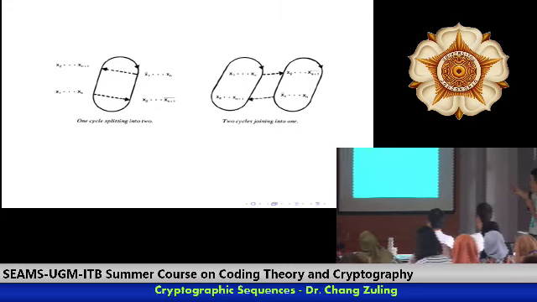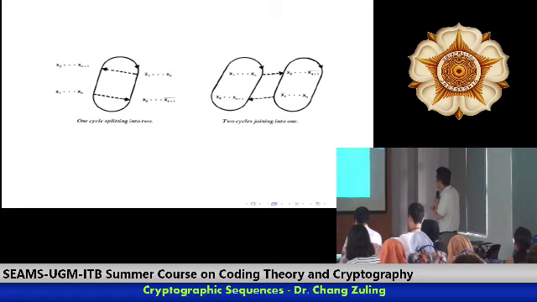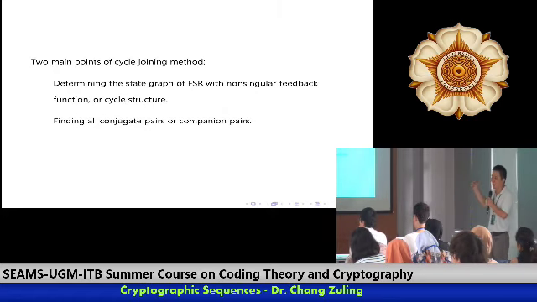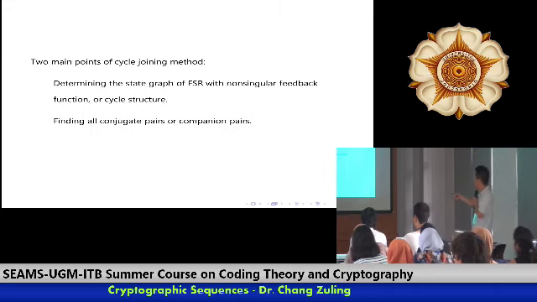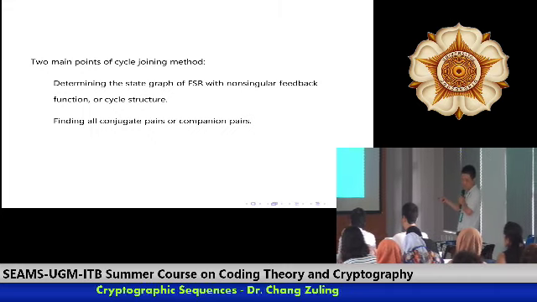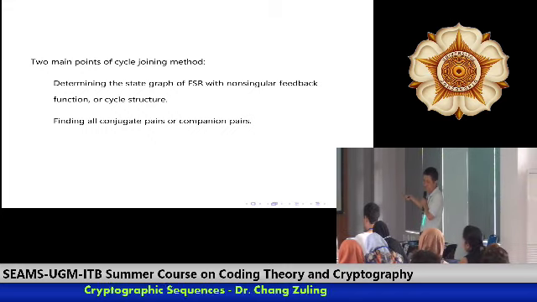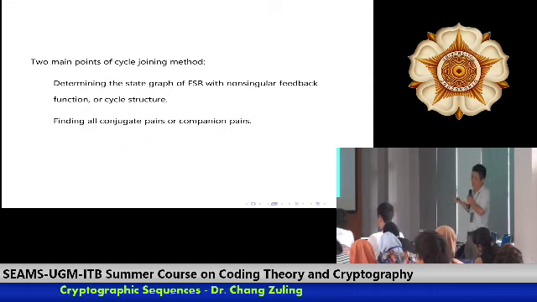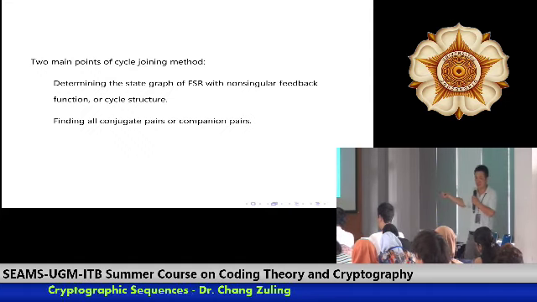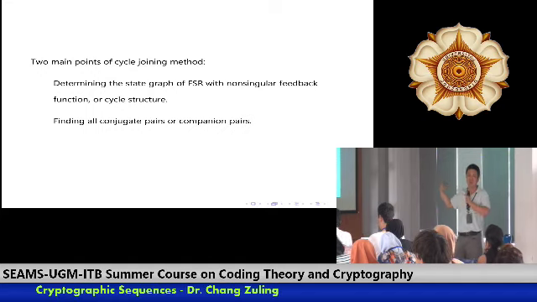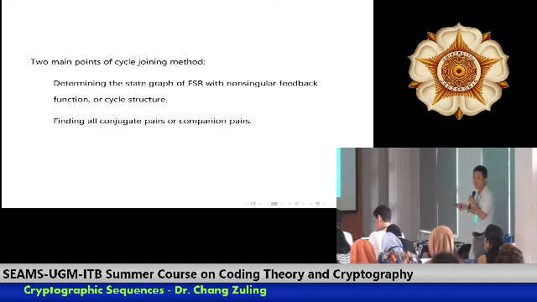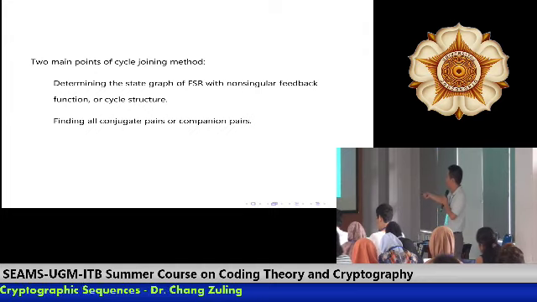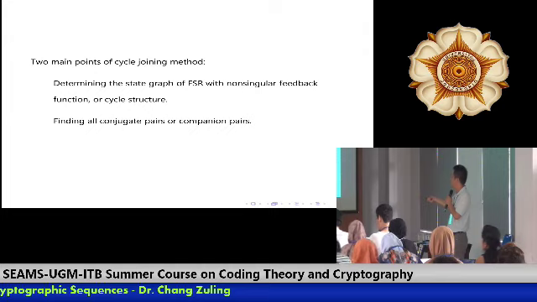So how to do the cycle joining? Firstly, determine the split graph. Secondly, find the conjugate pairs. Then we can join the different cycles into one. These are two important parts: determine the split graph and find the conjugate pairs.